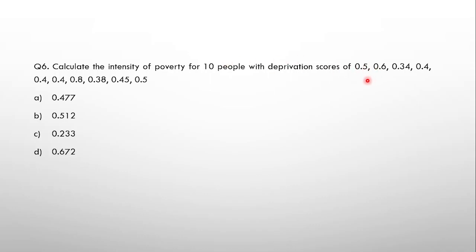There are 10 people, and for each of these 10 people there are individual deprivation scores. What I want you to calculate is the average deprivation score for these 10 people. That gives you the intensity of poverty: on average, how poor are these 10 people?